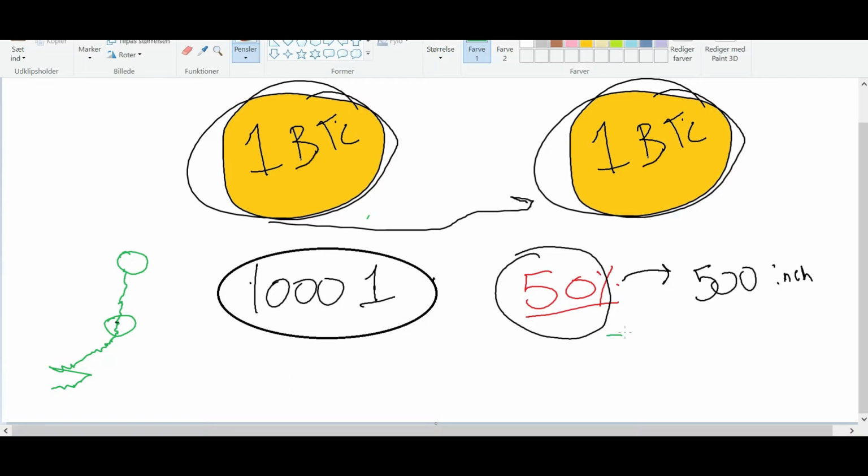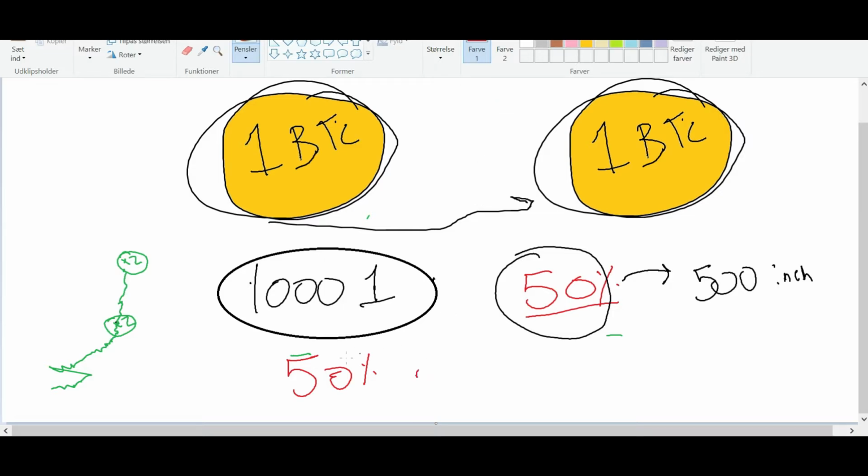So okay, right here we have more bullish action, and basically we have another double. So I just write 2x, right? So what do we do at this point? We have 500 1inch. We sell half again, right?